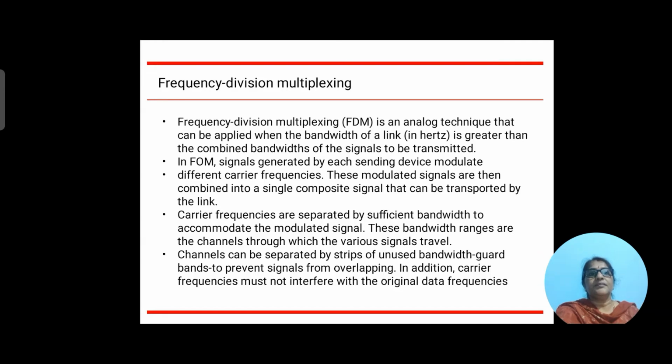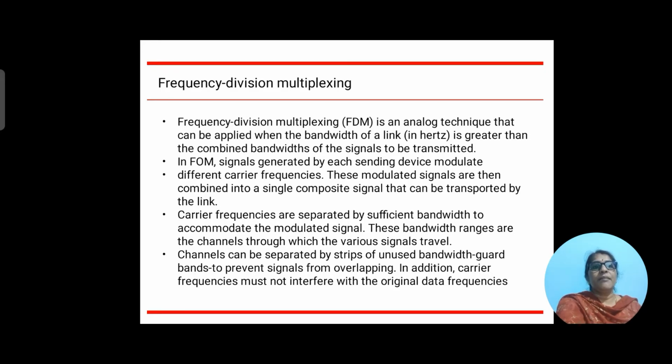In FDM, signals generated by each sending device modulate different carrier frequencies. These modulated signals are then combined into a single composite signal that can be transferred by the link. Carrier frequencies are separated by sufficient bandwidth to accommodate the modulated signal.